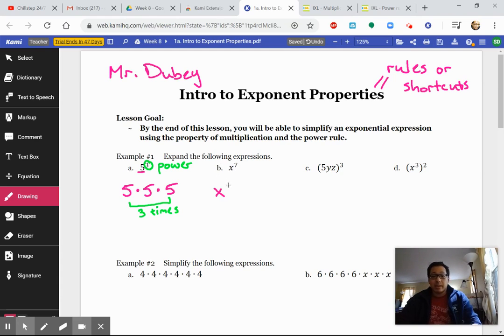Here, x is the base, so we're going to multiply x by itself 7 times. x times x times x times x. And you might think, okay, 1, 2, 3, 4, 5, 6. Let me add 1 to the front. 7. Okay, so yeah, I know what an exponent means. Even if we have a variable like x as the base, it means that's how many times we're going to write that base out. We're going to multiply it by itself.